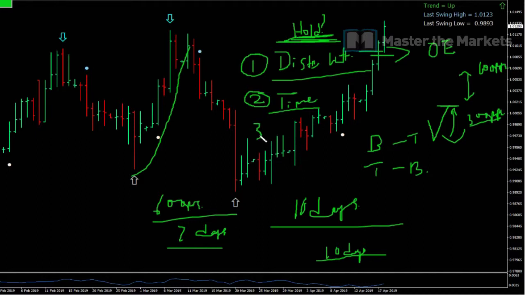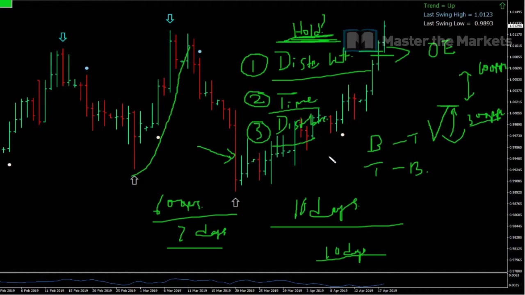Then the last thing, traders, once we've covered distance and time, is to look for distribution bars. Distribution bars are anything like this: very large, oversized range bars, anything more than 1.5 ATR range or 2 ATR range. Once you get things like that, you know it's about time to exit.